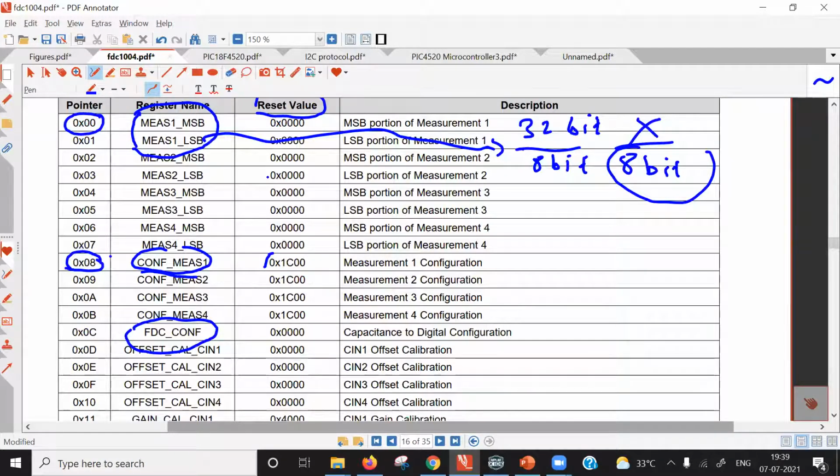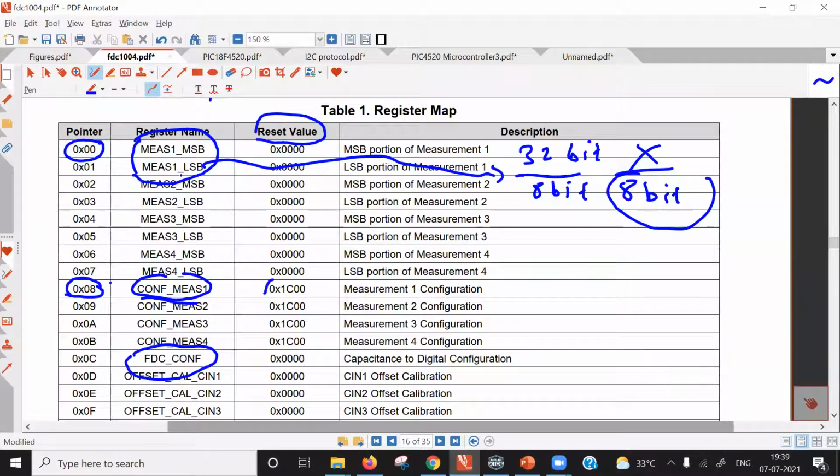If you want to read the result, you must read it from particular registers. Without the pointer register, it is not possible to select one particular register for a read or write operation. Each and every peripheral device which can be interfaced to a microcontroller using I2C protocol must have pointer registers. So pointer registers are always there.